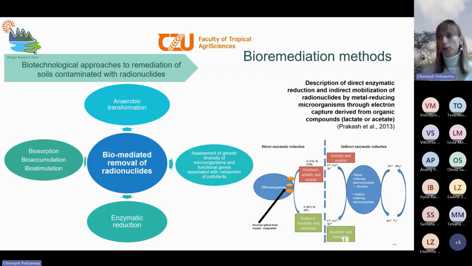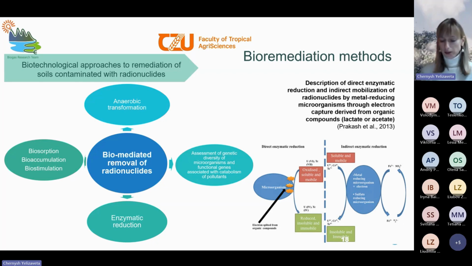We can also discuss some other branches devoted to this type of mechanism, but for such a first introduction, it's enough to understand these mechanisms, bioabsorption, bioaccumulation, biostimulation, used for remediation of soil as a biotechnological approach, because it's mostly based on these mechanisms.